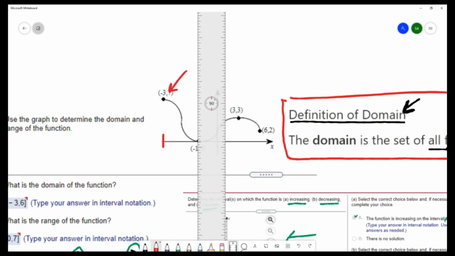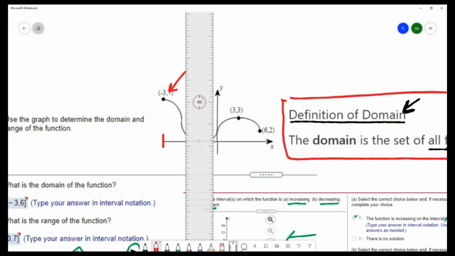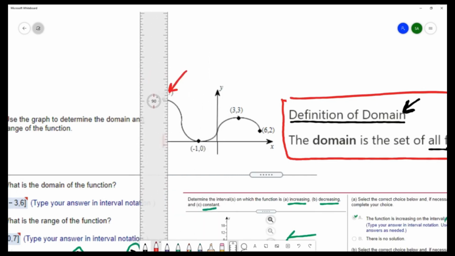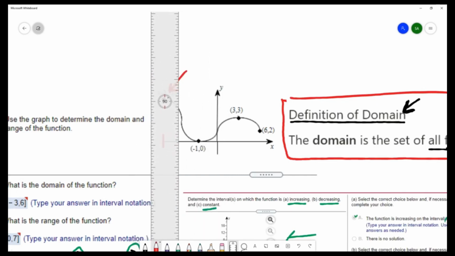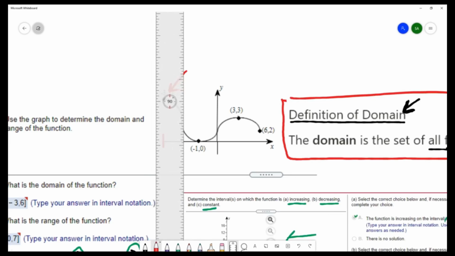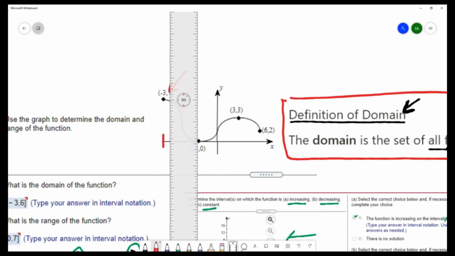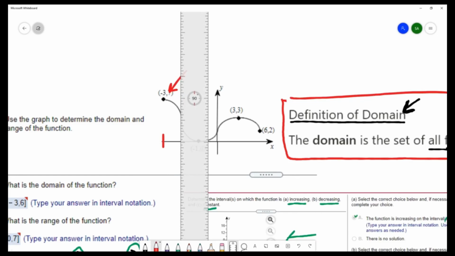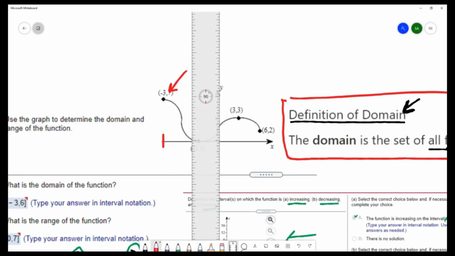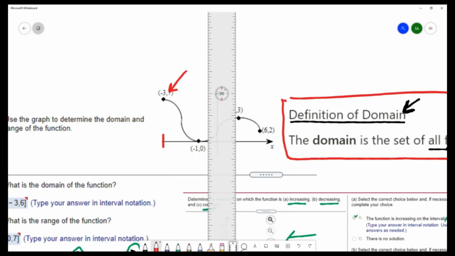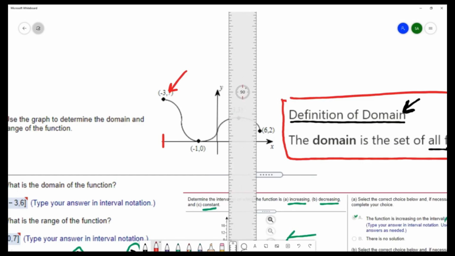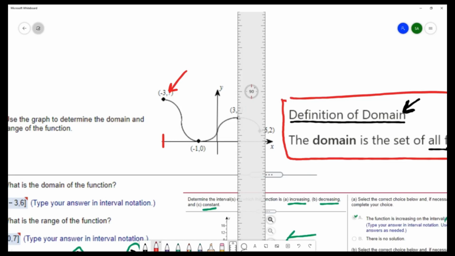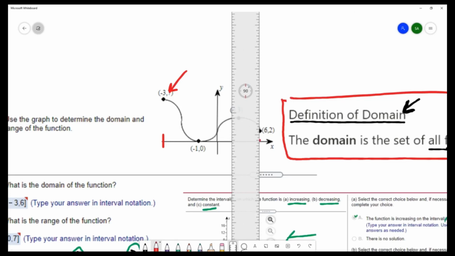So I keep moving, and I notice that all this time that I'm moving, I'm touching the graph. Every time I touch the graph, I have an x value that's part of the domain. So all of this is part of the domain. And it's not until I get to here, this last point, that my domain stops.